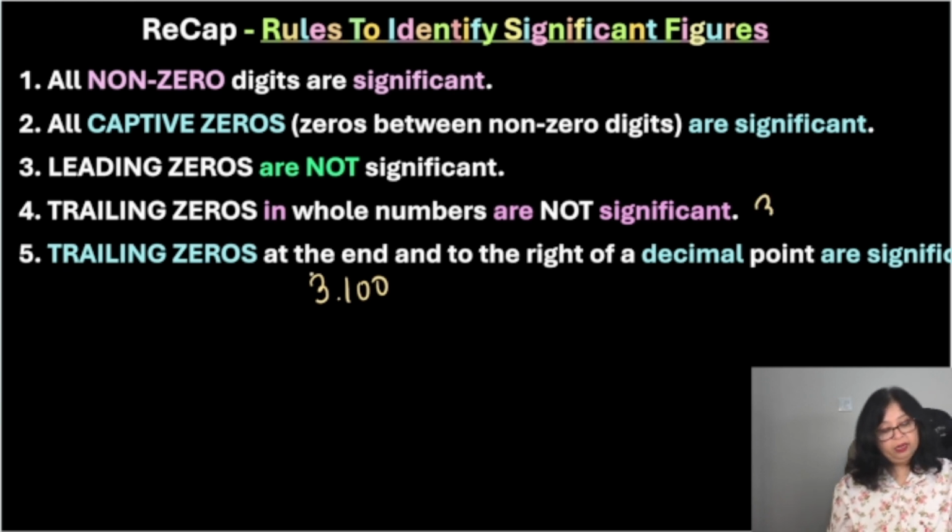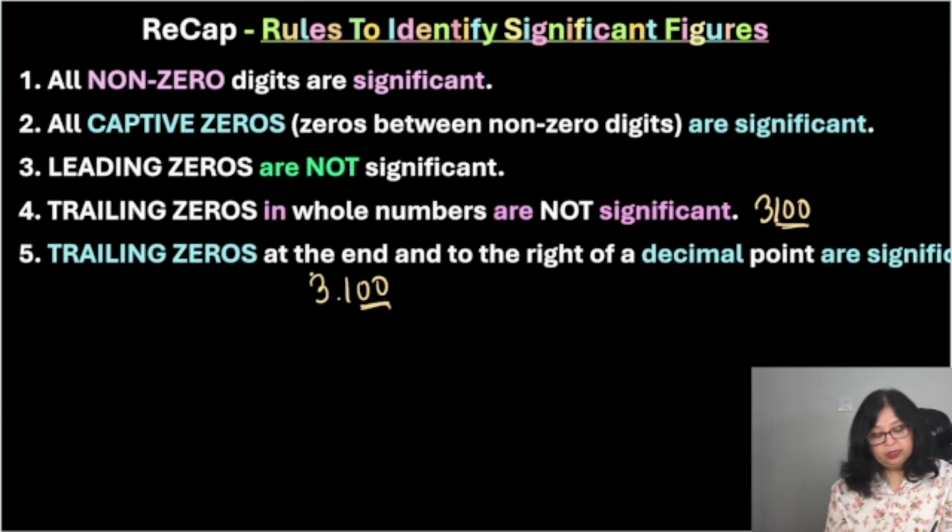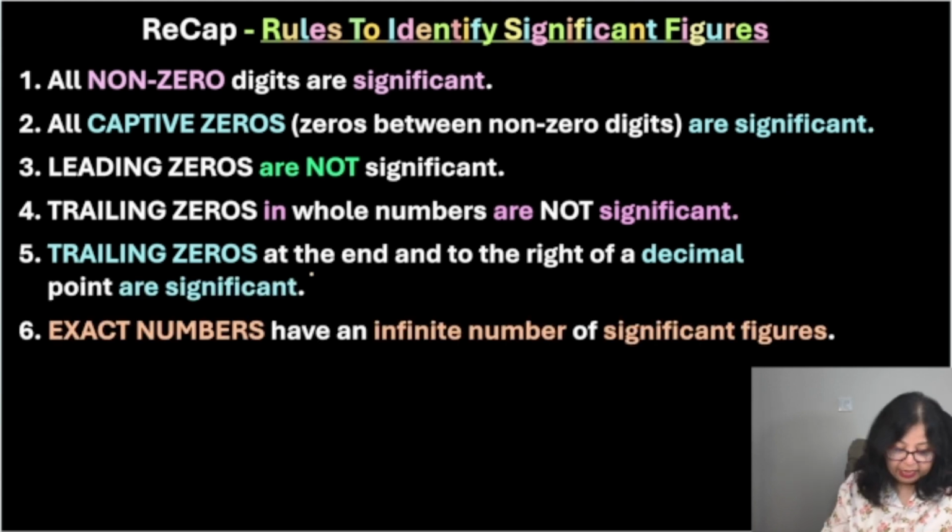So if I had 3100, then these zeros would not be significant. Why? Because 3100 is a whole number. But when I have 3.100, these zeros at the end are significant. And how many sig figs do I have? 4 sig figs.